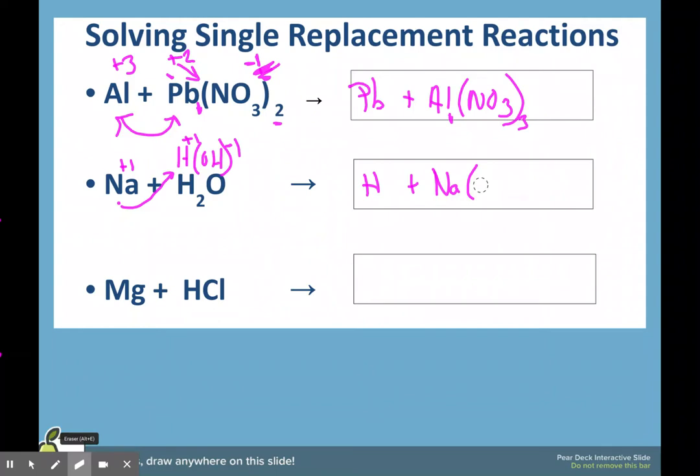Let me fix that here. OH. Now, one thing to look at when we write this part of the formula, Na was +1 and OH was -1, so that's correct. Now the element by itself, is it diatomic?